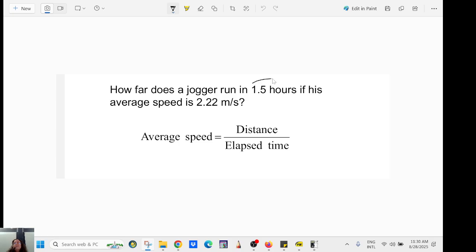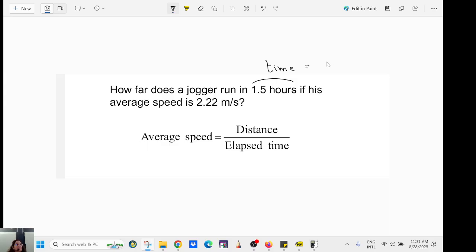So first you identify the physical quantity. You see that this is time. Hours, you are not happy with it because you want second, right? So that will be depending on the problem, but here you have second, so you want second here.